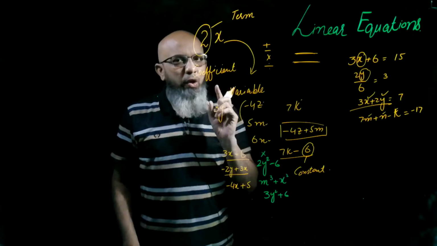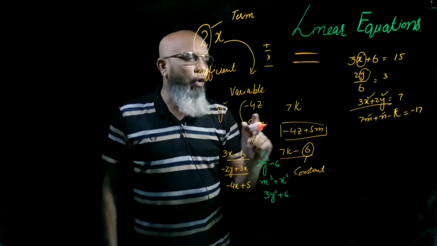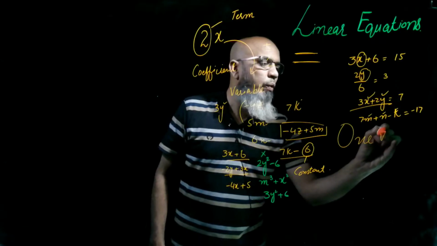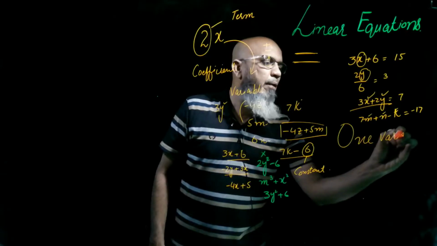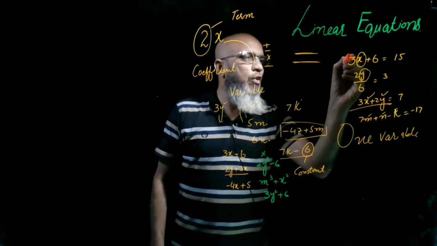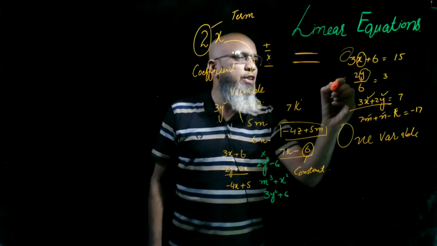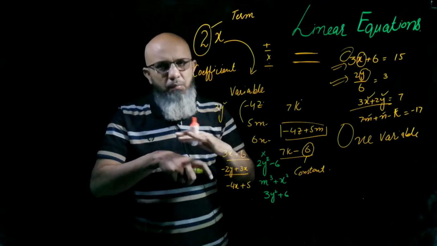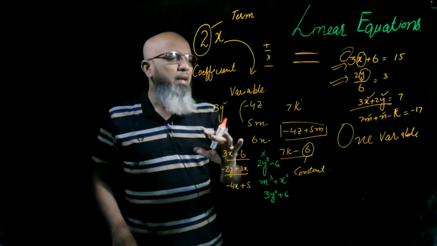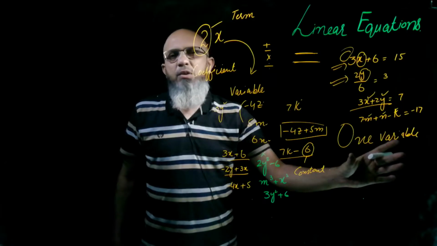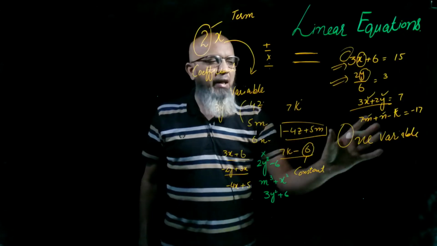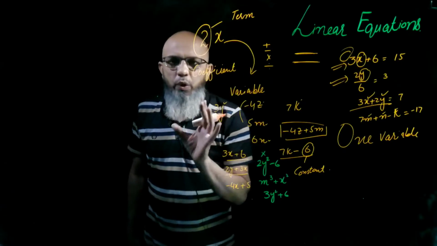But in this chapter we will discuss only linear equations with one variable. We will solve questions that might be in decimal form, fraction form, or linear form, but with only one variable.